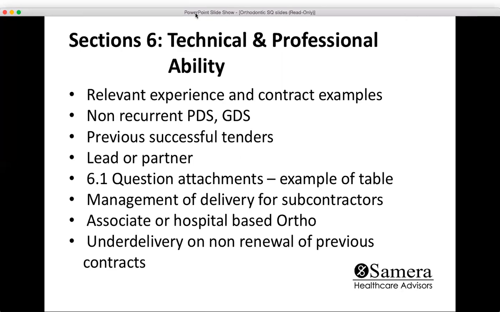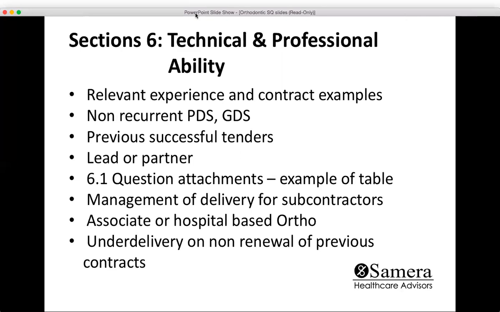So if you are the main provider and you're subcontracting, basically how you're going to maintain that relationship. That's correct, yeah. Right, Laura? Yeah, so it's just understanding the arrangements and how you're going to track the performance of any partner or subcontractor that you're going to be working with to ensure delivery of the contract. So commissioners really want to understand how you're going to sense check that along the way.